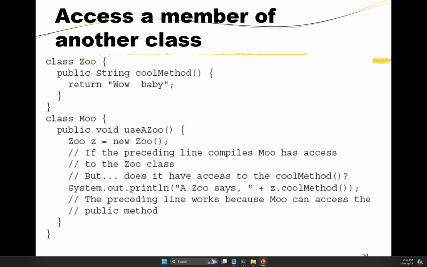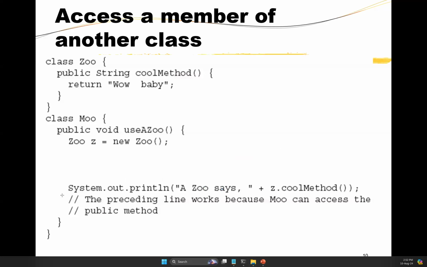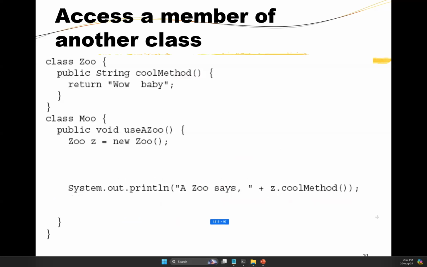Now quickly check this one. What do you think? There is a class called Zoo, which has a method called cool method, public, and there is another class called Move, which has another method called public method use a zoo. There you create a Zoo object.